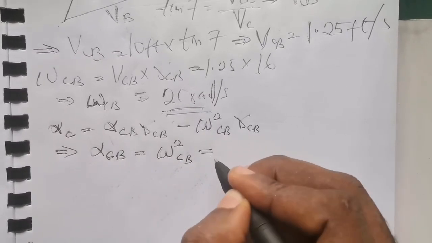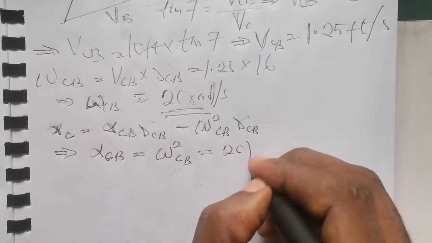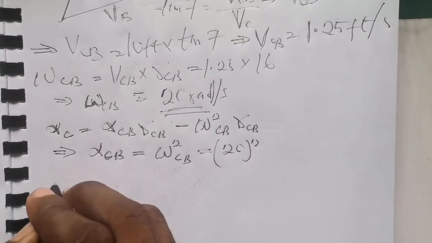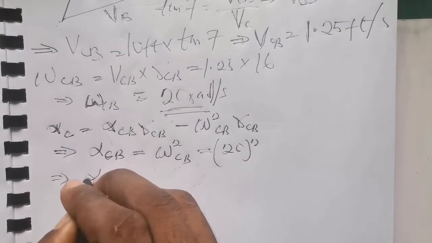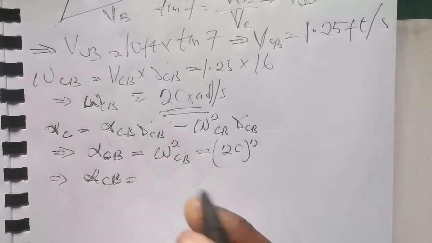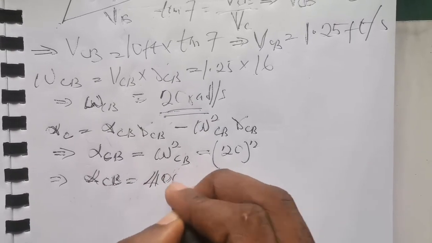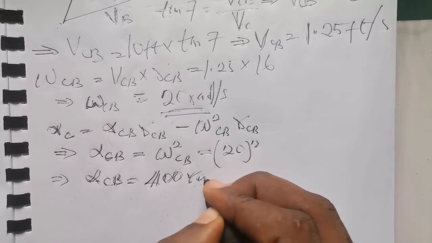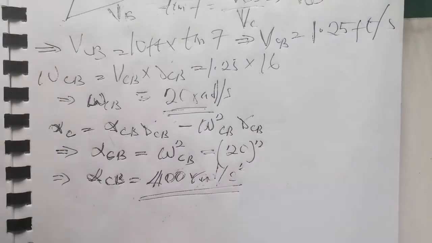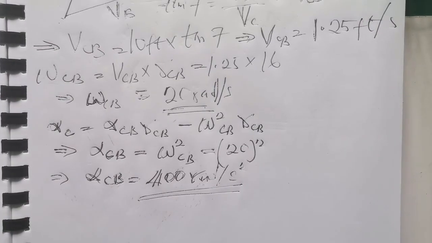So we have 20 squared, which gives us 400 radians per second squared. This is the value of the angular acceleration of that particular arm CB.